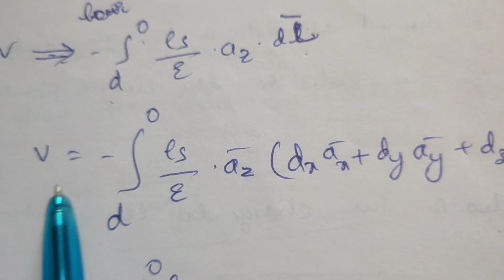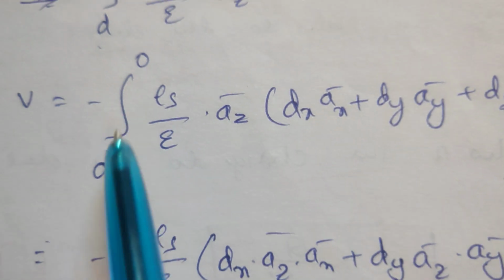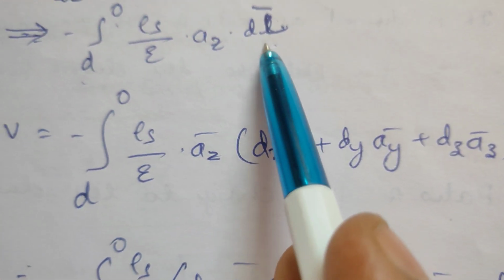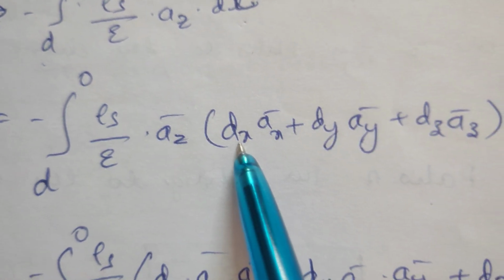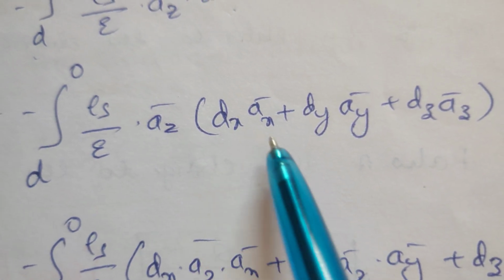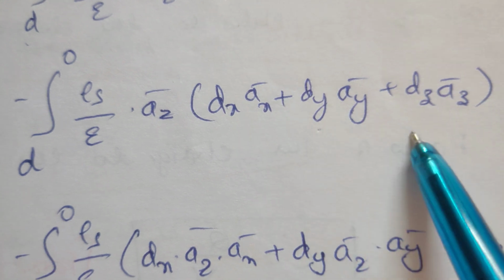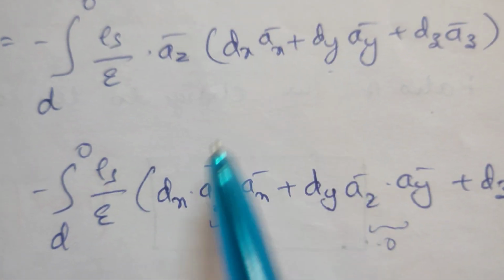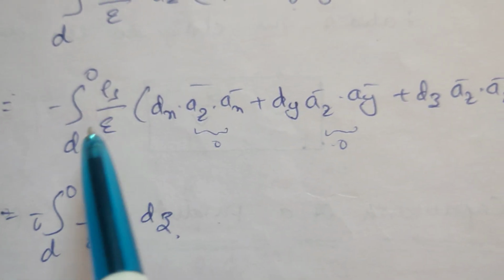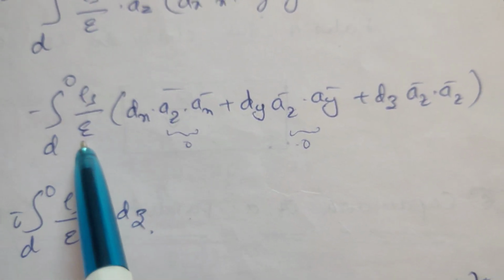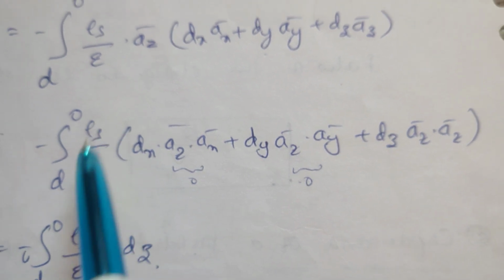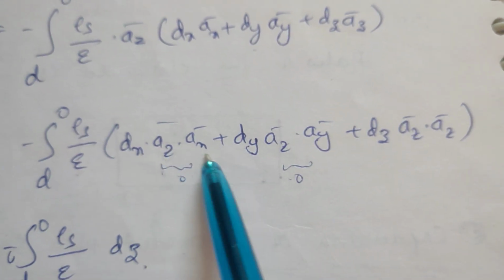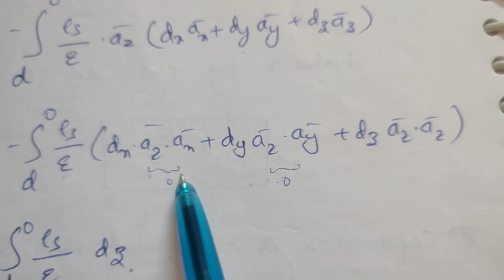Therefore V is equal to minus the integral from d to 0 of rho s by epsilon az dot dl, where the differential line is dx ax plus dy ay plus dz az. Here we have to take the dot product of these two. Upon simplifying, az dot ax is 0, as the dot product of unlike vectors is 0.